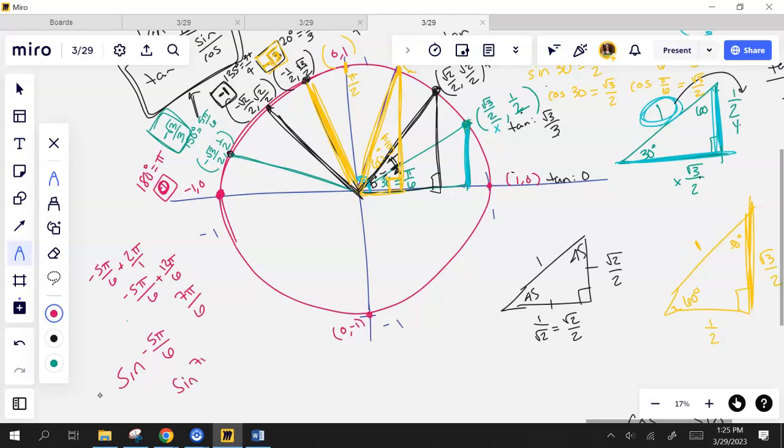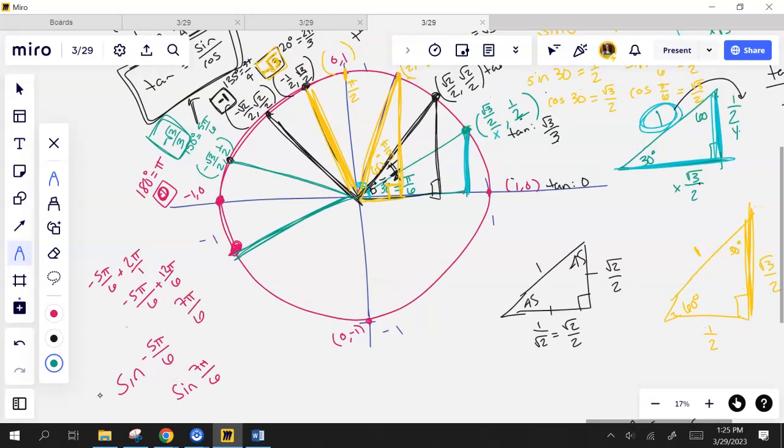It's in the bottom left corner. 7 pi over 6 is actually your very next click here. The degrees here would be 210.